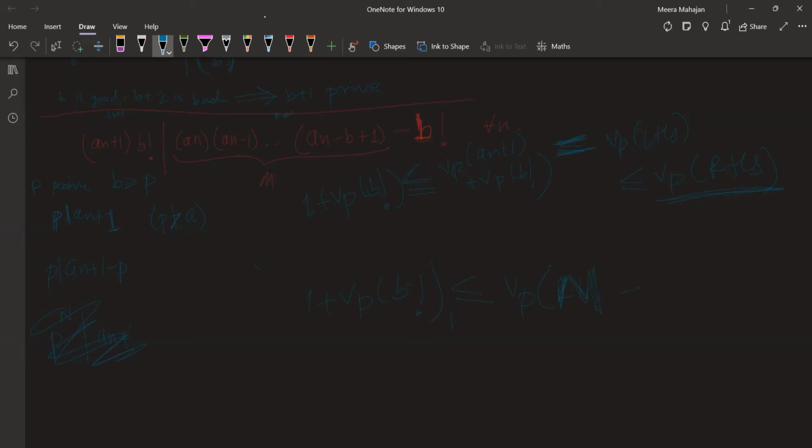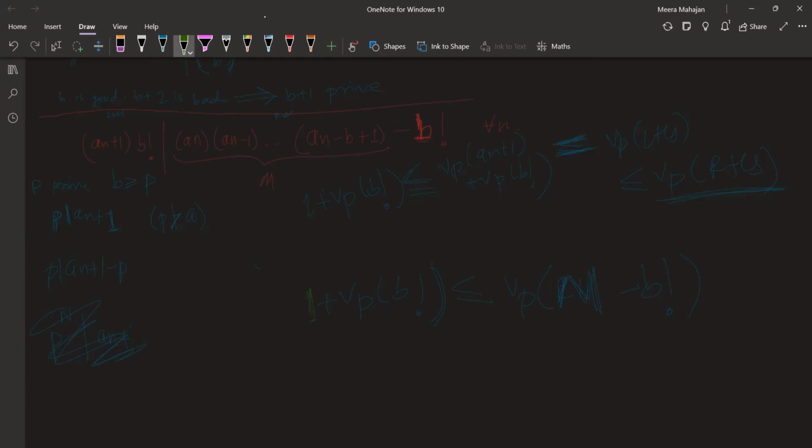RHS is M minus B factorial. So when do you think we can force a contradiction to this equation?